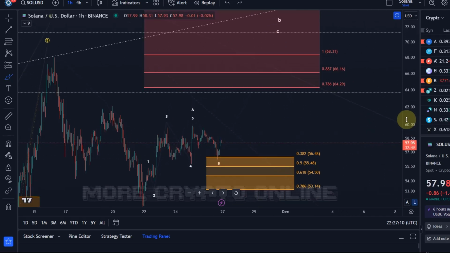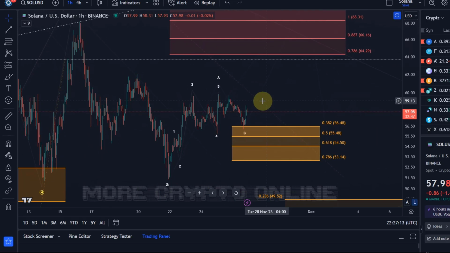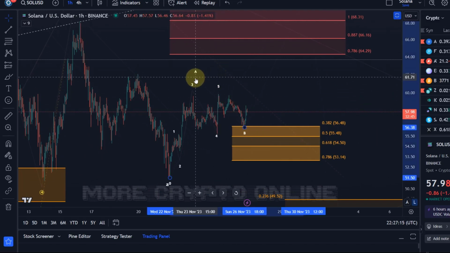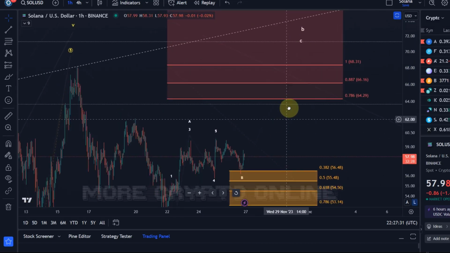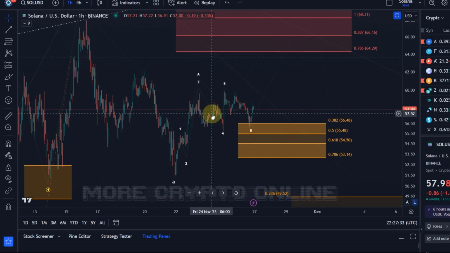The other option, and it's really not much different, would be that the A wave indeed topped here. The A wave was a simple ABC structure. The B wave happened here already, okay? And this is already a 1-2 setup of wave C. So it just means we would be a little bit further ahead.